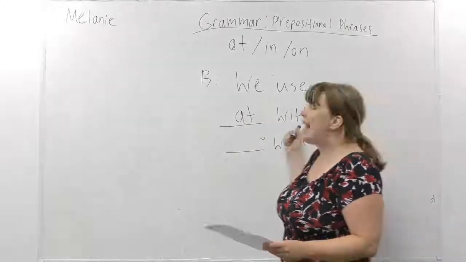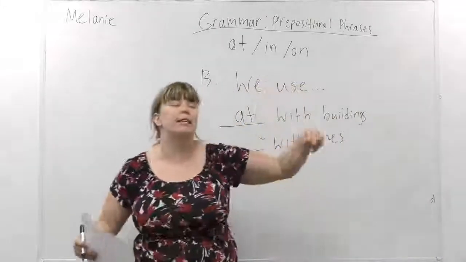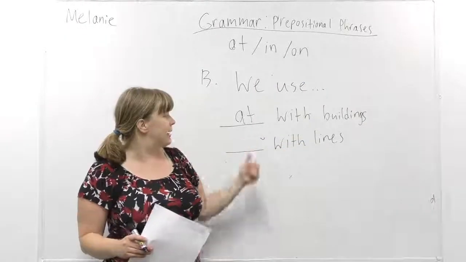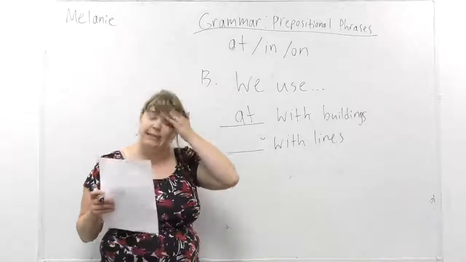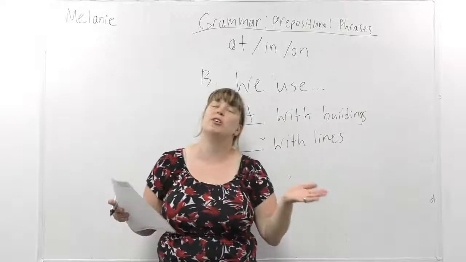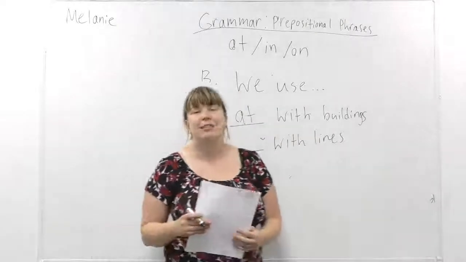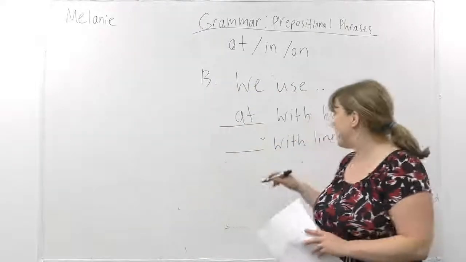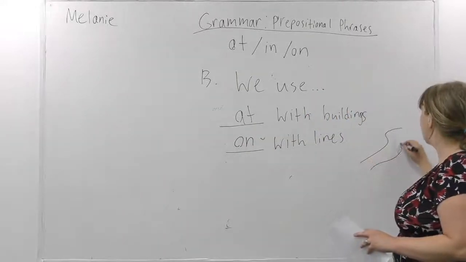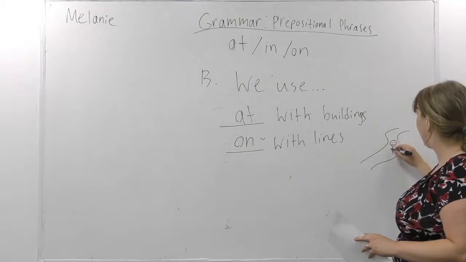So we use at with buildings when you're talking about like meeting at a point of a building. Now with lines, so such as, you know, the coast, West Coast, British Columbia, we are going to use on. Very good. On.